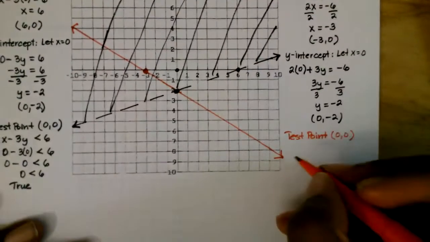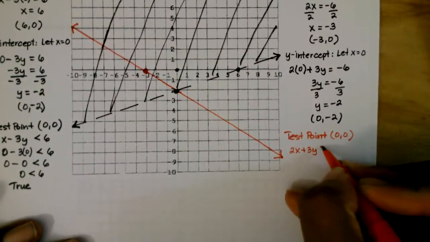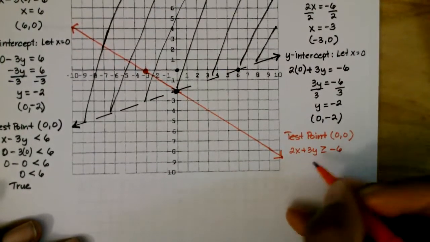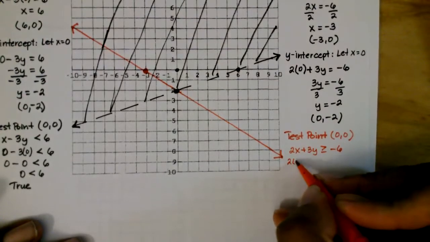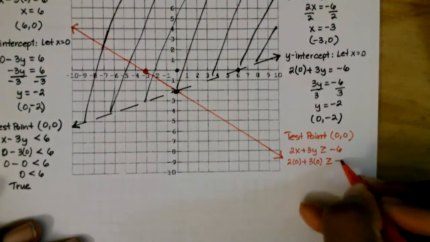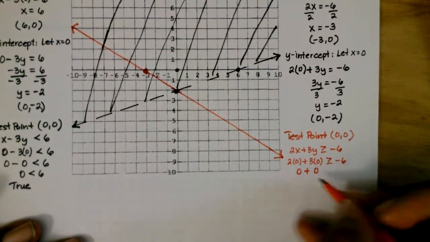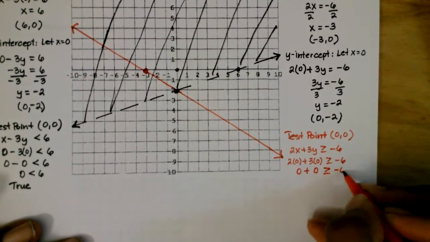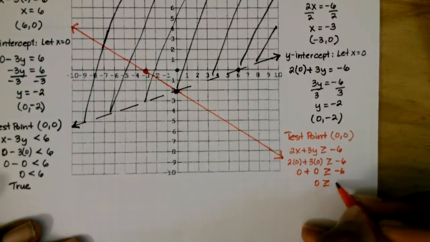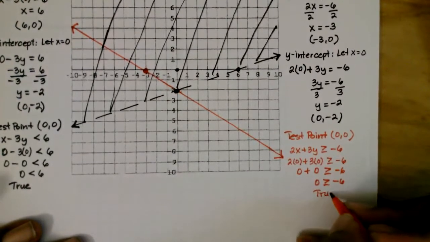I'll write that as 2x plus 3y greater than or equal to -6. Substitute 0 in for x and 0 in for y. 2 times 0 is 0. 3 times 0 is 0. 0 plus 0 is 0. And is 0 greater than or equal to -6? That's also true.